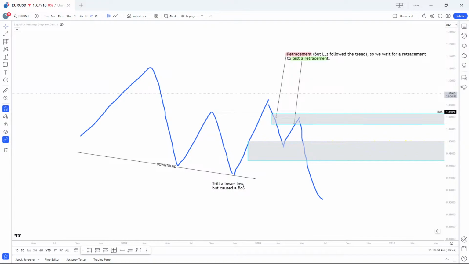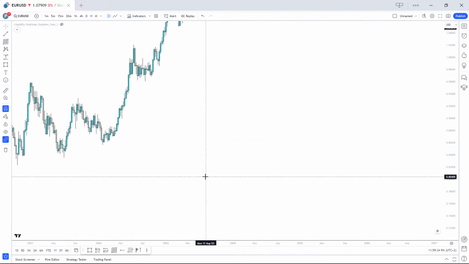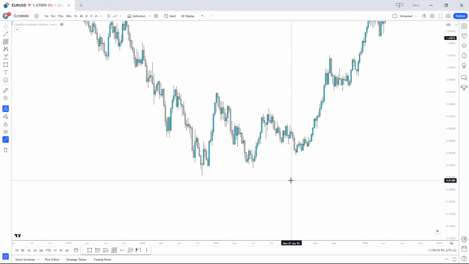Because if this is a downtrend and it breaks the lower high, this is then considered the break of structure, not a liquidity sweep, yes, but wouldn't it be logical for this low to be higher than this one and then create a break of structure? Because this one is lower than this low, and the rally didn't break through the previous lower high.